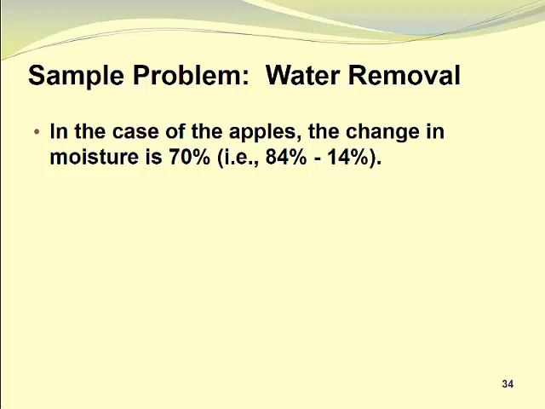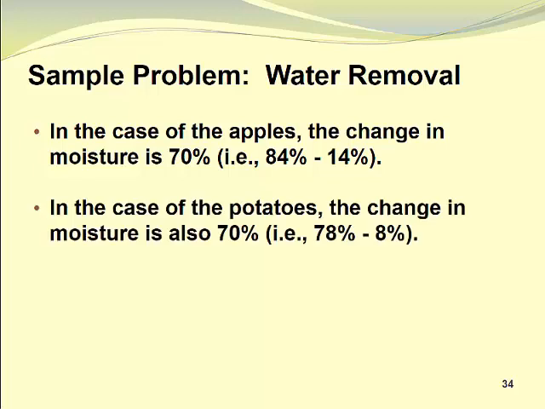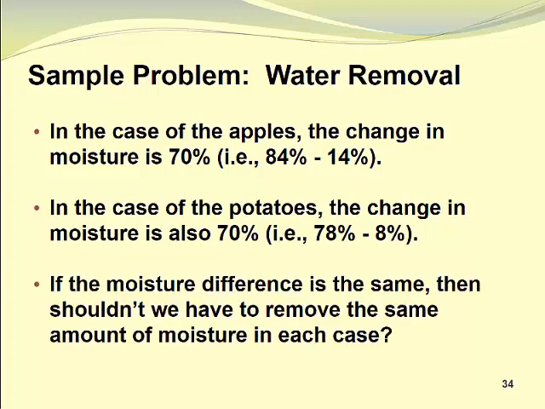In the case of the apples, the change in moisture is 70%. That is 84% initial moisture minus 14% final moisture. In the case of the potatoes, the change in moisture is also 70%. This is going from an initial moisture content of 78% down to a final moisture content of 8%.